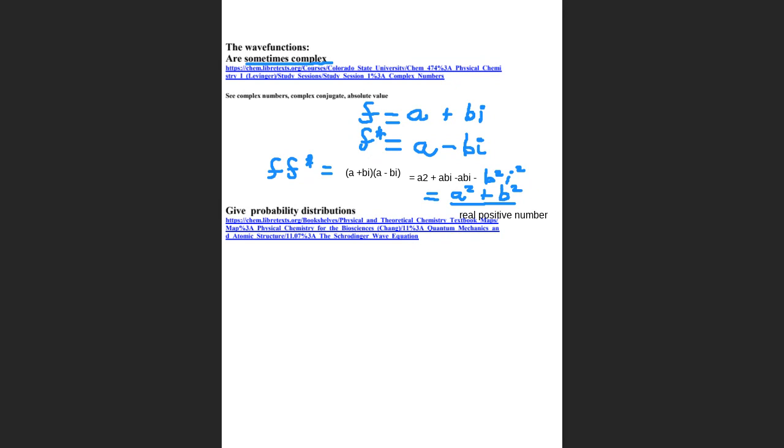Okay, these wave functions give probability distributions. By give, I mean the probability distribution for the particle, whatever it is, is given by psi, which is what we generally call the wave function, times psi star.